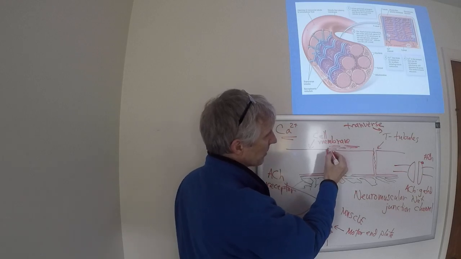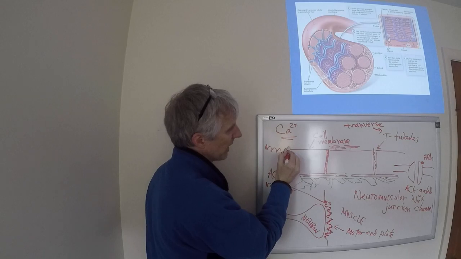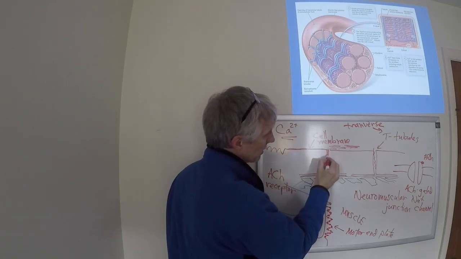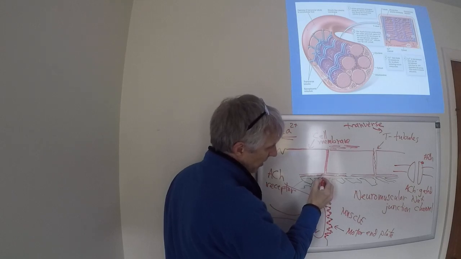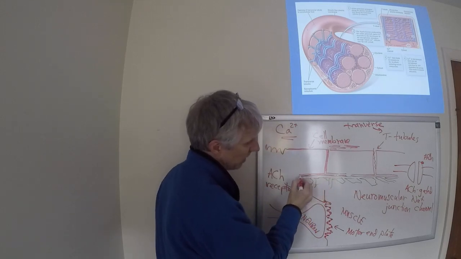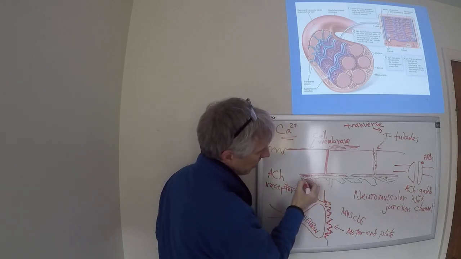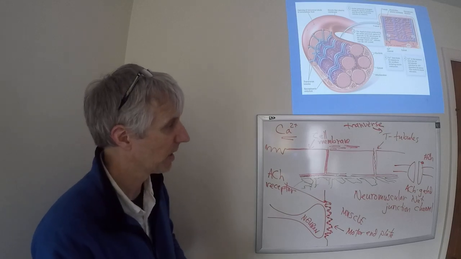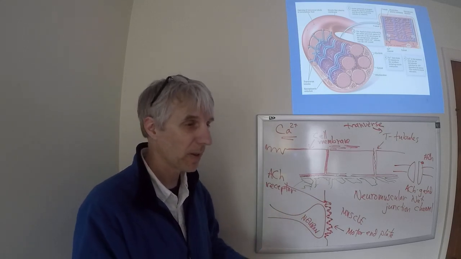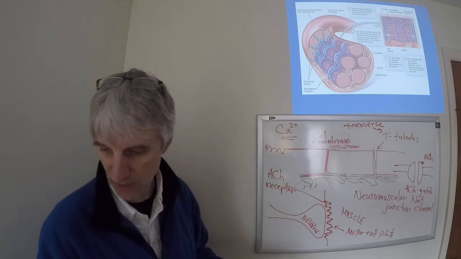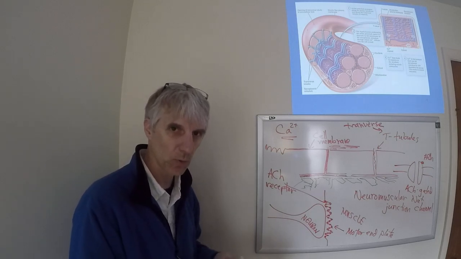So this action potential is spreading from the motor plate along the membrane, down the T tubules, and then here, that disruption in the voltage triggers the opening up of calcium channels at the sarcoplasmic reticulum. The sarcoplasmic reticulum, like endoplasmic reticulum overall in animals, is a place where calcium is stored.